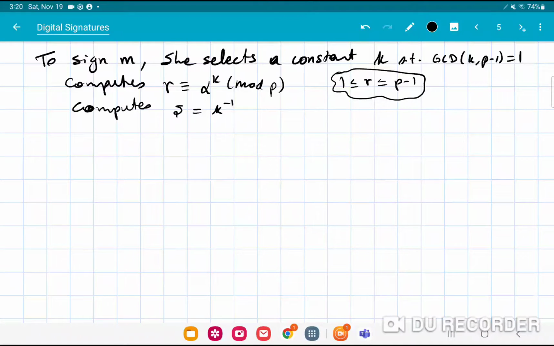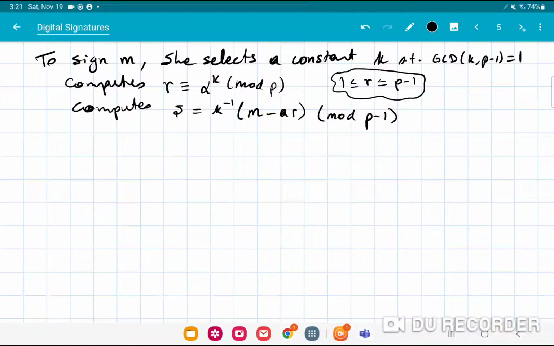Since k is relatively prime to P minus 1, it has an inverse mod P minus 1. So multiply a and r, subtract that from M, and multiply by k inverse. This time do the calculation mod P minus 1, not mod P, but mod P minus 1.